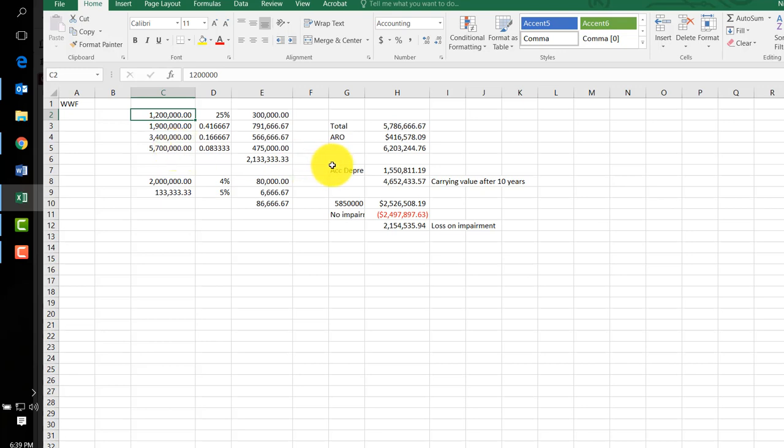First of all, we have a self-constructed asset that is a landfill. We have some costs, some expenditures, and I've done it by taking the expenditure times the percentage of the year that it is outstanding, and then as the amount is paid, it goes up. So it was 1.2 million for 25% or 3 months of the year.